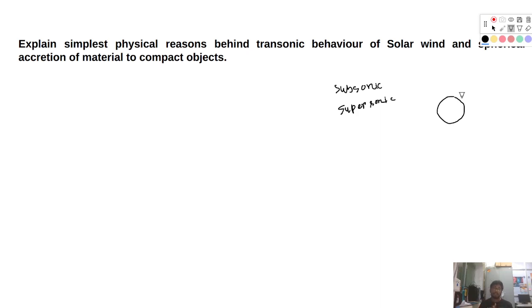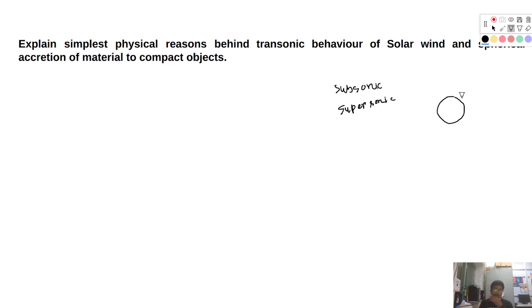But as you move outward from the corona, the temperature falls off because the solar wind is cooling down. As it falls off, due to energy conservation, your kinetic energy will be increasing. Kinetic energy increase means your velocity is increasing. So initially the velocity is very low, and as the solar wind moves in the heliosphere, its kinetic energy will be very high.